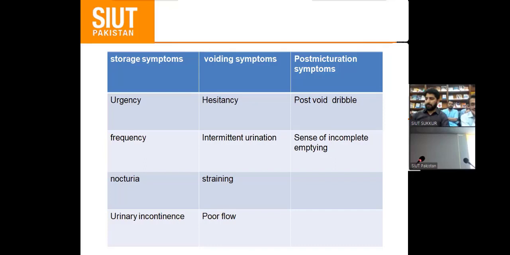Okay. Frequency. Dr. Arsalan Shahzad, when will you say it's frequent micturition? Micturition more than usual. What is the usual time?